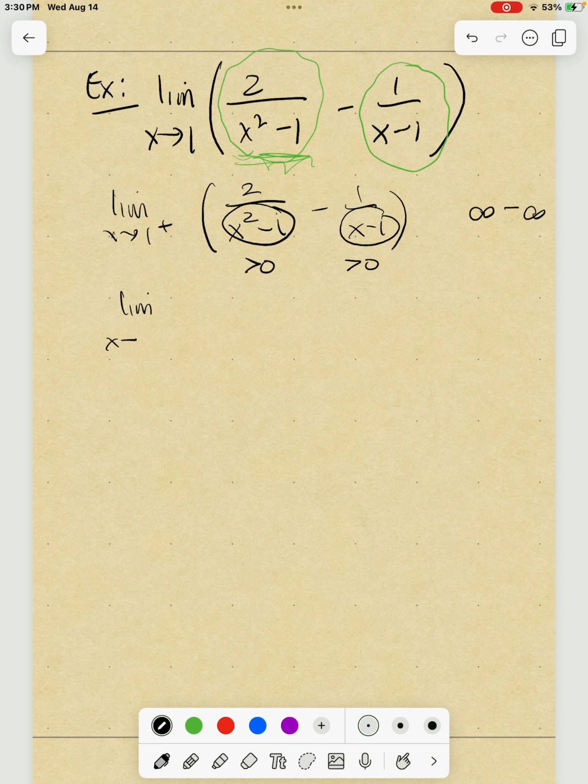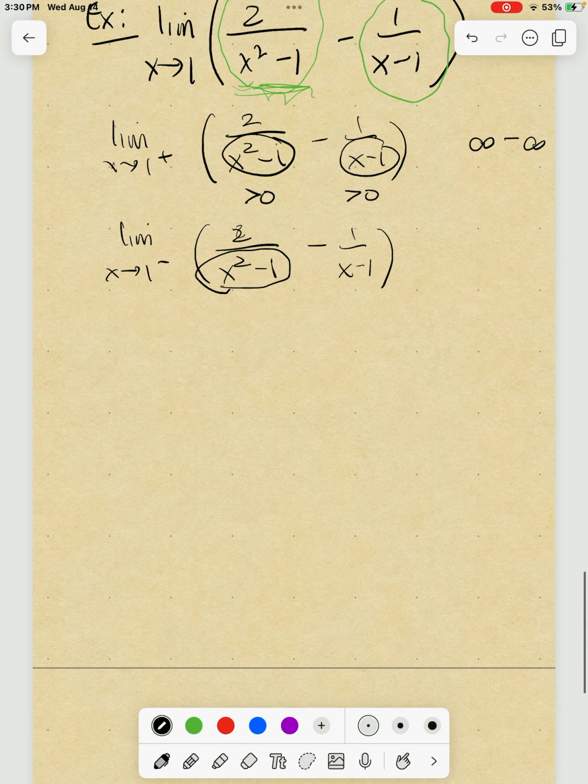And if you're approaching 1 from the left, then x squared minus 1, so when x is slightly less than 1, x squared is less than 1, right? And so when you subtract 1, you're getting a negative number.